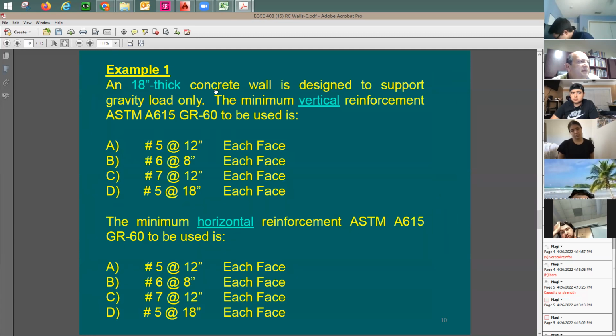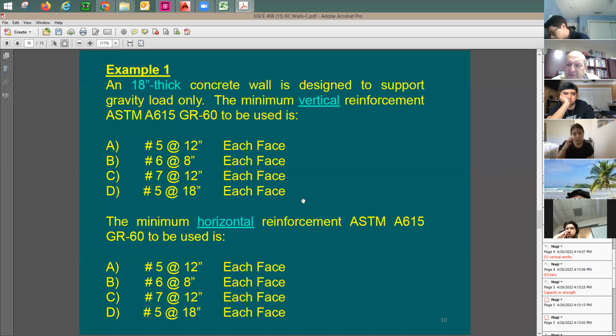So it says 18 inch, the minimum vertical reinforcement, ASTM A615, grade 60, to be used as minimum. You'd like to put as minimum or as small as possible when it comes to reinforcing. And then it says minimum horizontal is going to be what? When you look at this reinforcing pattern, you say number 5 at 12, 6 at 8, 7 at 12, 5 at 18.